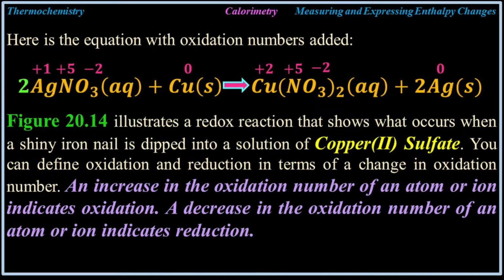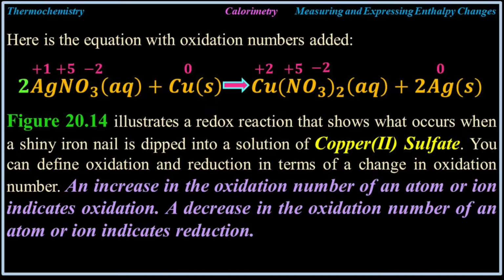You can define oxidation and reduction in terms of a change in oxidation number. An increase in the oxidation number of an atom or ion indicates oxidation. A decrease in the oxidation number of an atom or ion indicates reduction.